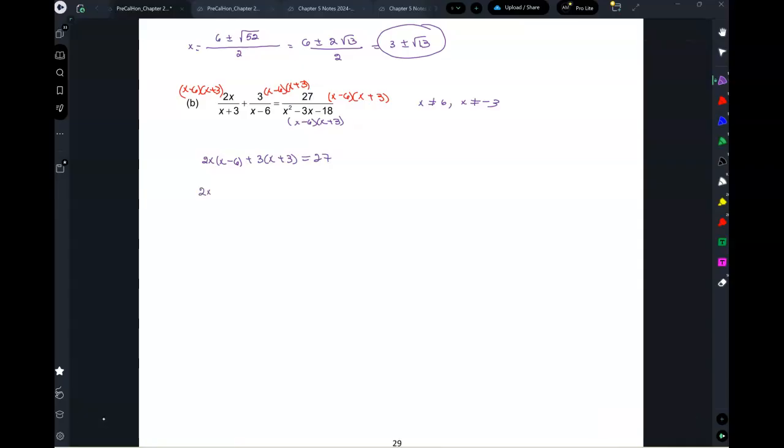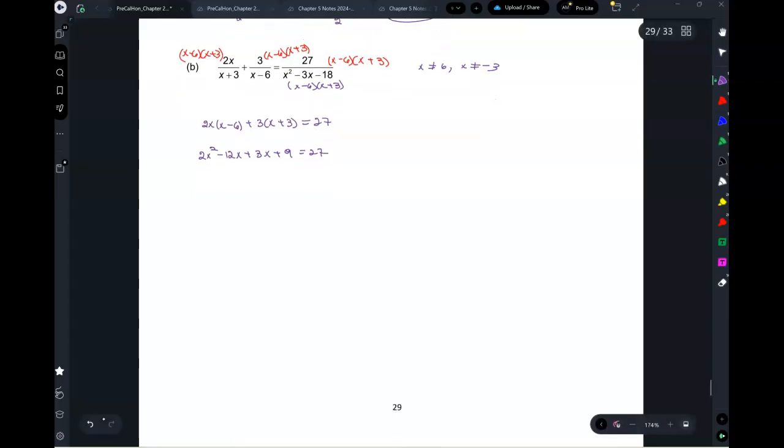So 2x squared minus 12x plus 3x plus 9 is equal to 27. So 2x squared minus 9x minus 18 is equal to 0. Minus 9x, not 19x.